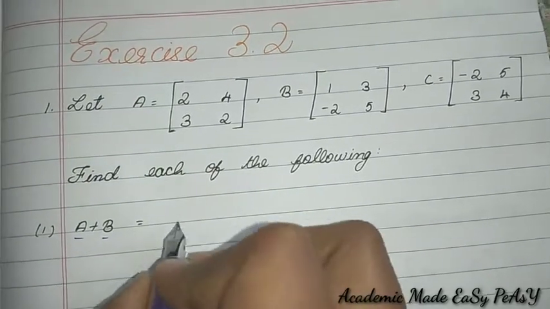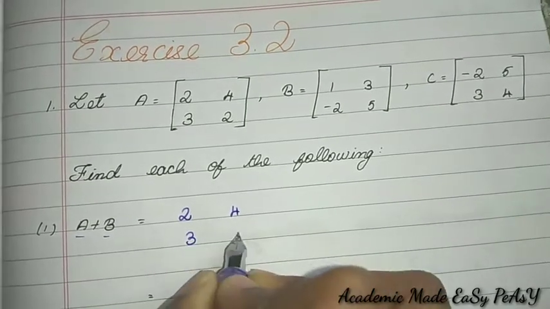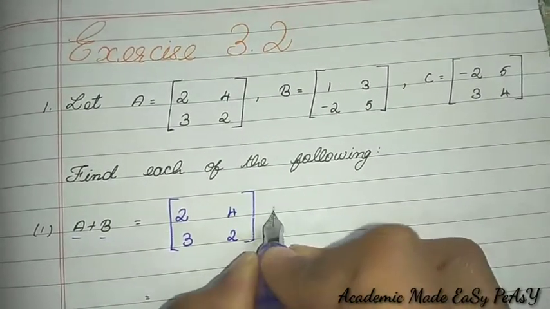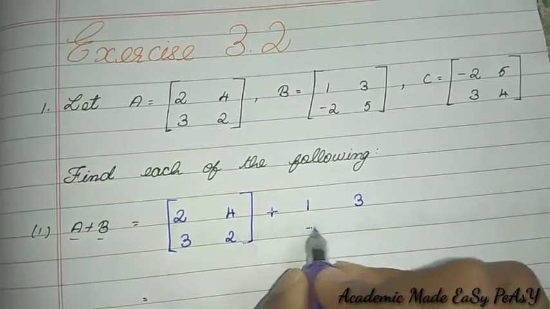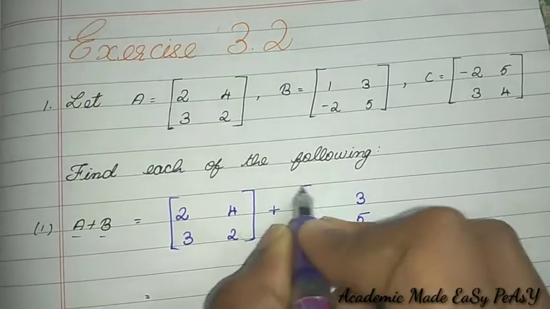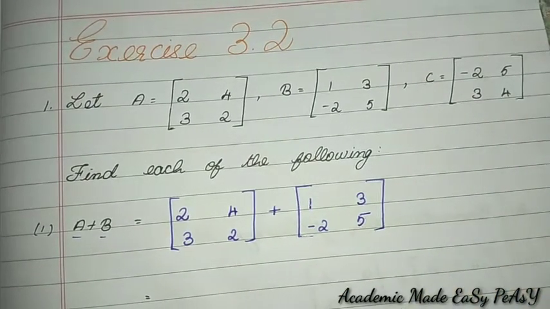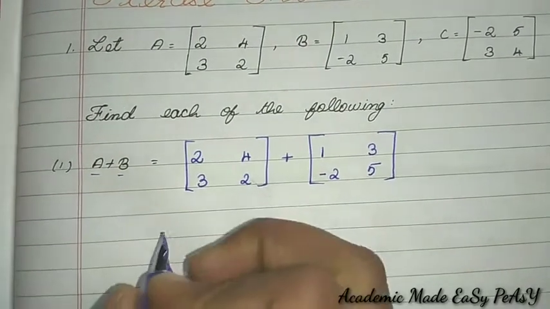So A matrix is 2, 4, 3, 2. This is matrix A. Plus matrix B is 1, 3, minus 2, 5. So addition of matrix means what? Add the corresponding elements. Only that is addition of matrices.